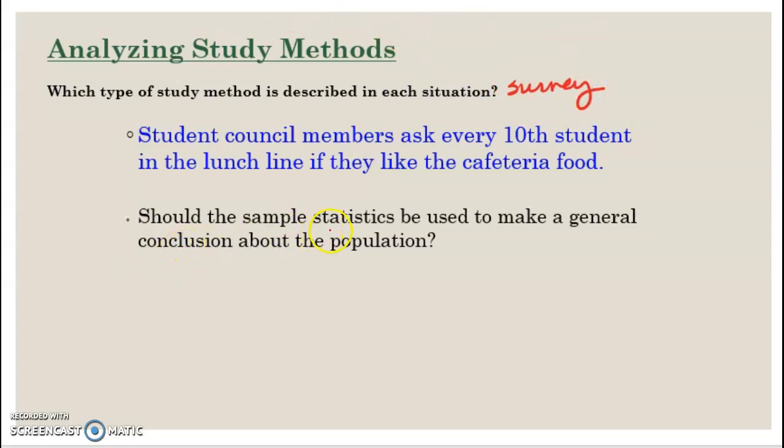Should the sample statistics be used to make a general conclusion about the population? That one, not really. Because if you've already got them in the lunch line, then you already know that they eat cafeteria food probably every day. And so you've kind of already selected the group you're dealing with. That wouldn't be able to be generalized into the whole population.